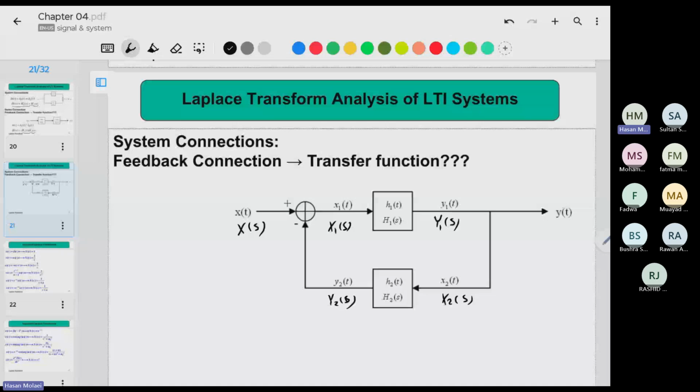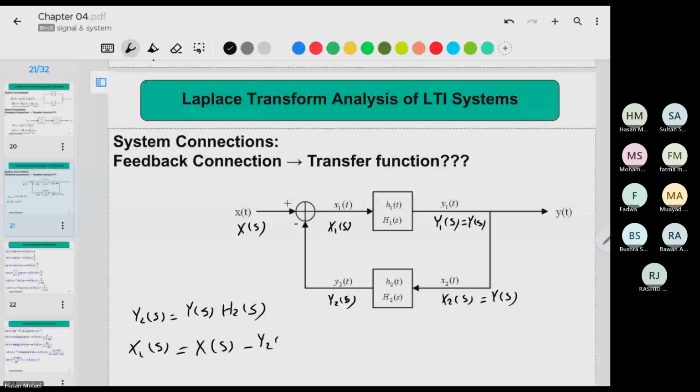Okay. Y2(s) regarding Y(s). Y2(s) is Y(s) multiplied by H2(s). Okay. Input multiplied by transfer function is the output. How about X1(s)? It's exactly X(s) minus Y2(s).